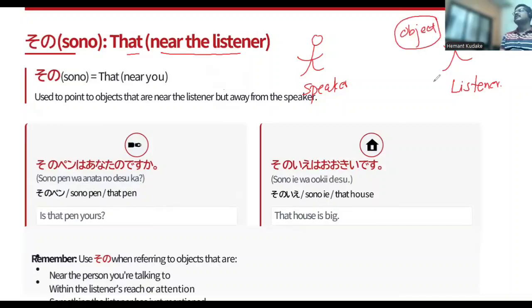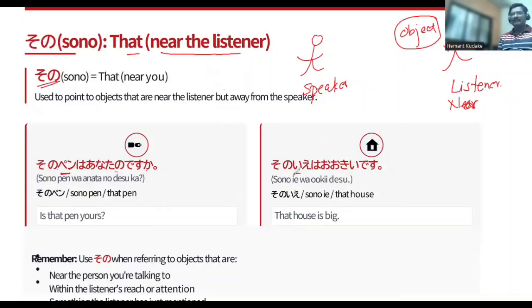Any object which is near the listener is called sono. The thing which is near to the listener is called sono. In the word sono itself, you will understand this object is near to the listener. Sono pen wa anata no desu ka? It means, is it your pen?